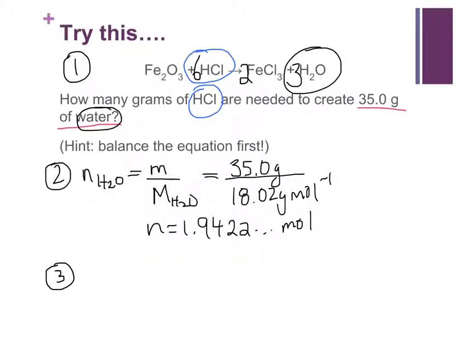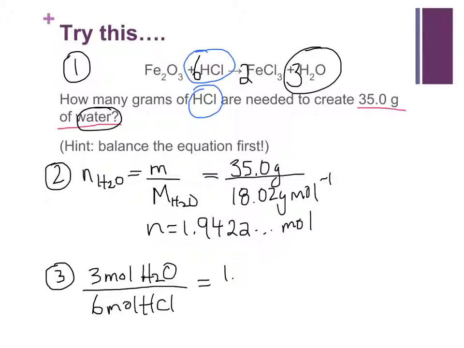So again, pause the video, write out your mole ratio, and then you can restart to check your answer. Alright, so what we should have had then, 3 moles of water is going to be produced when we react 6 moles of HCl.